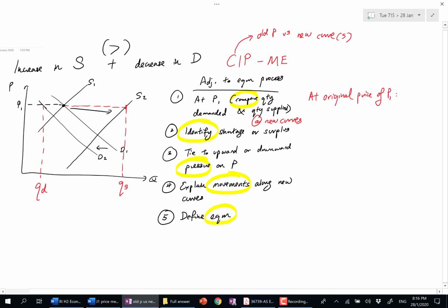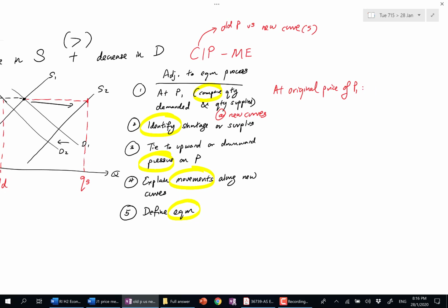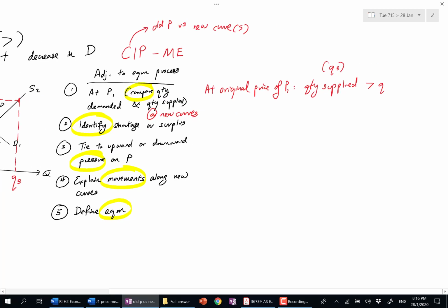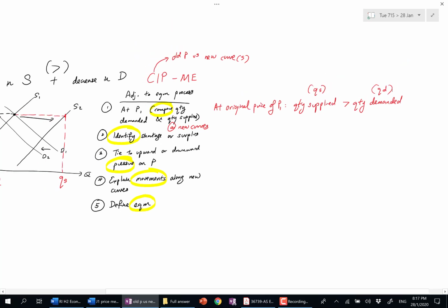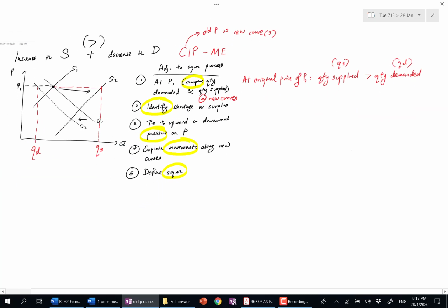Okay. So at original price of P1, quantity supplied, spell quantity in full, which is QS, exceeded quantity demanded, which is QD. Okay, make sense?